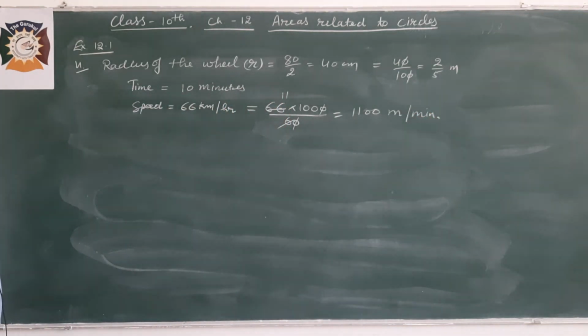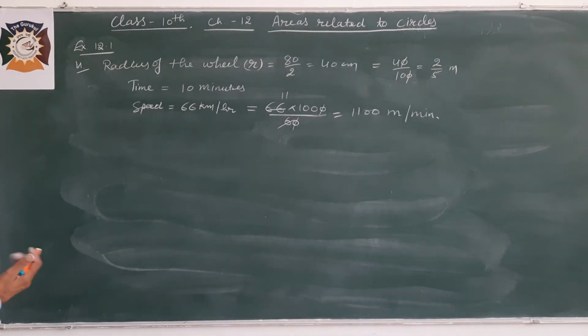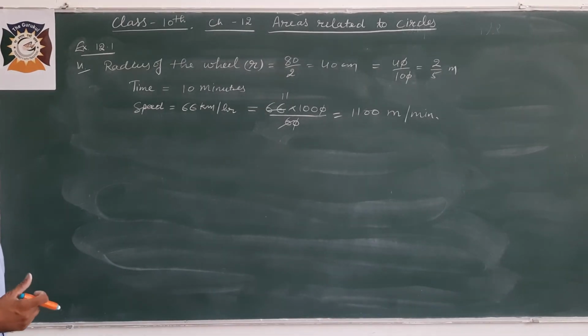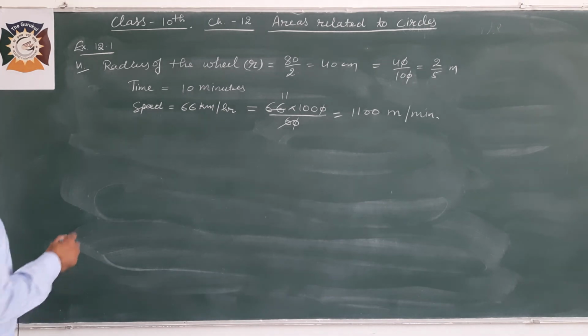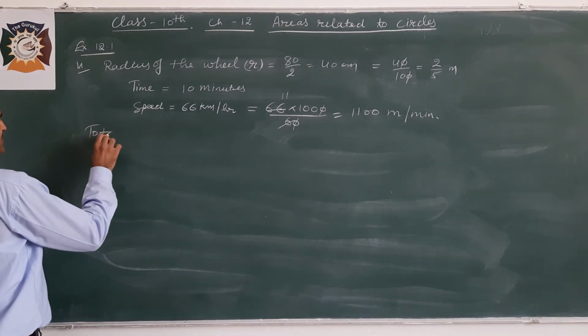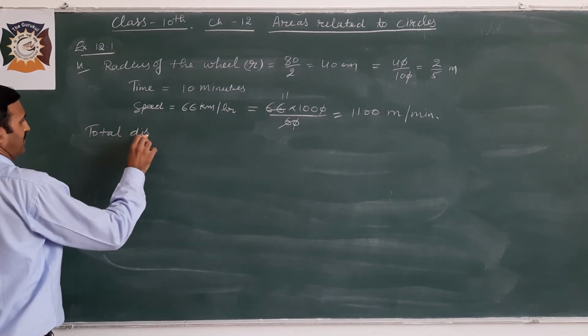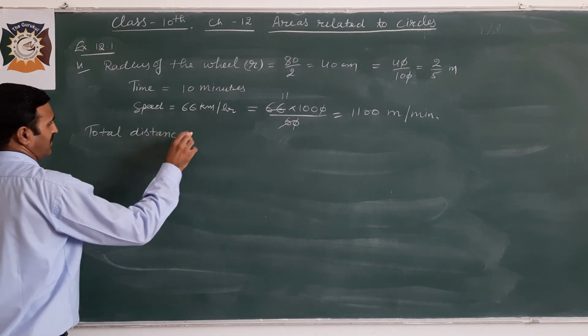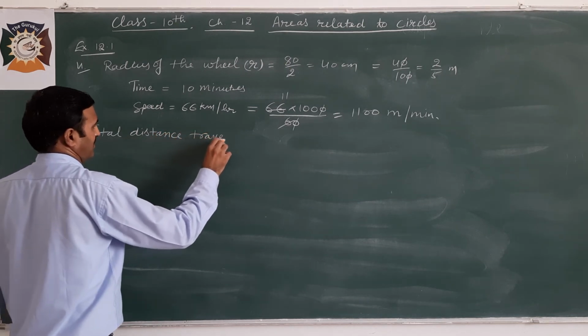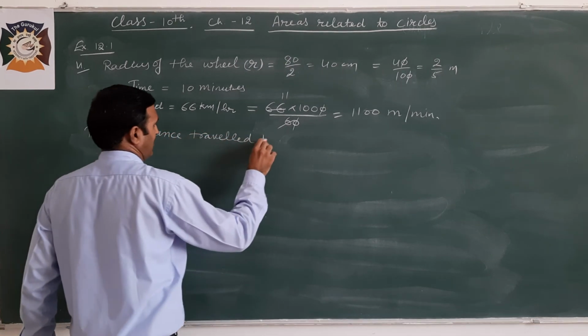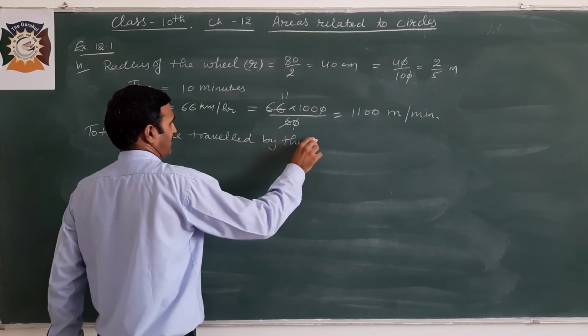So we can find the distance traveled by the car in 10 minutes. Total distance traveled by the car.